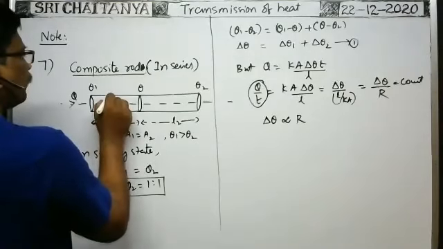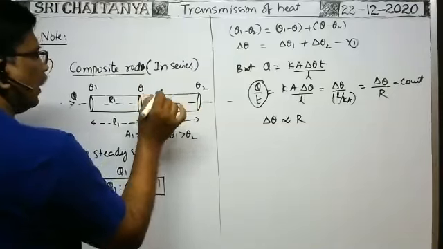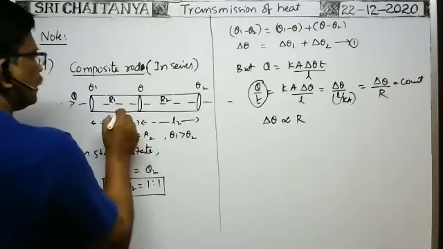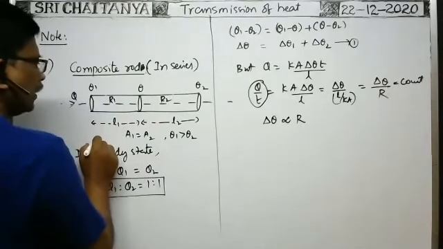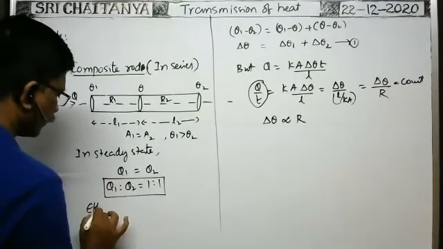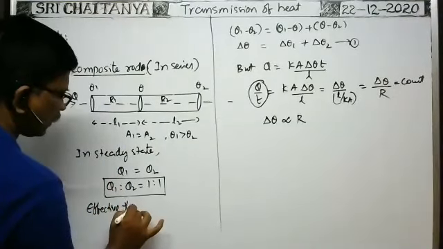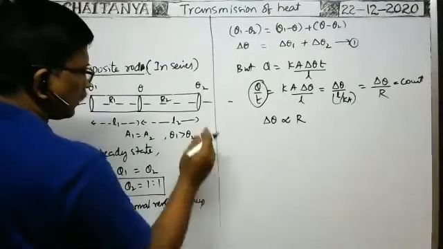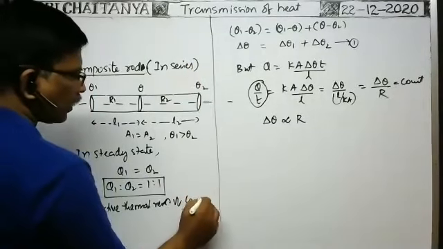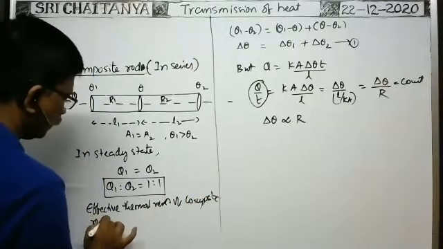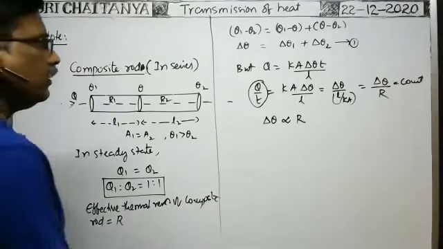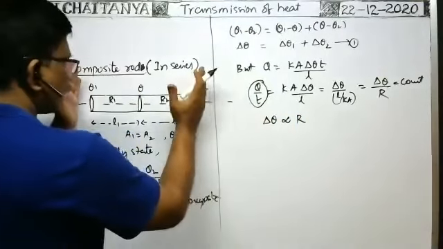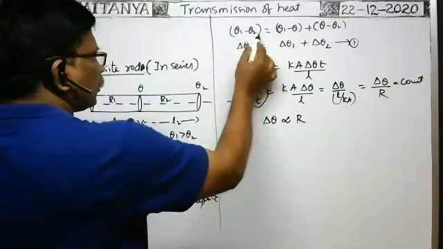Suppose the thermal resistance of this rod is say R1, this rod is say R2, and effective thermal resistance is say R. Effective thermal resistance of this entire composite rod, that means the thermal resistance between these two ends, is equal to say R. Then, as the thermal resistance is directly proportional to temperature difference, across the composite rod the temperature difference is theta 1 minus theta 2 or delta theta.